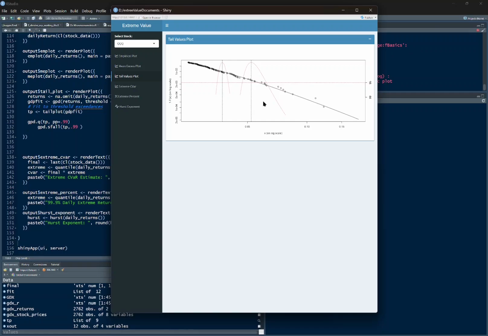This is the tail values plot. It's for understanding extreme events. The chart is called the tail values plot, used in extreme value theory to study the probability of rare and extreme events. Both axes are on logarithmic scales, log on log scale, and they're observed on data values, e.g. losses or returns.